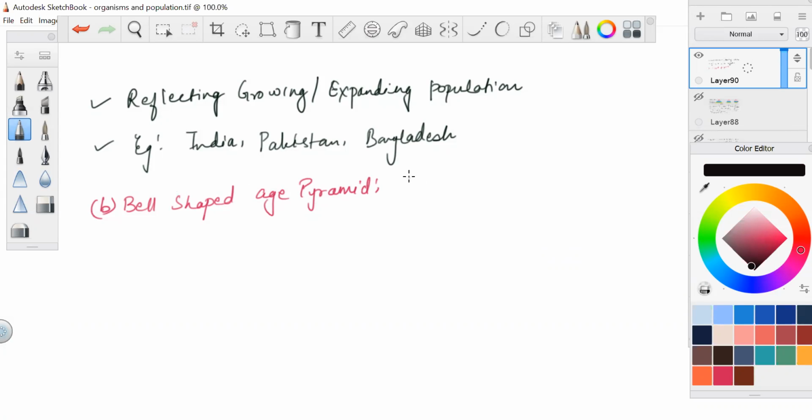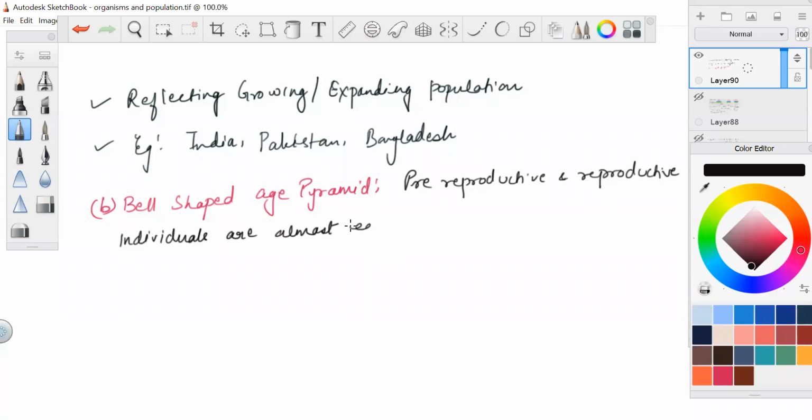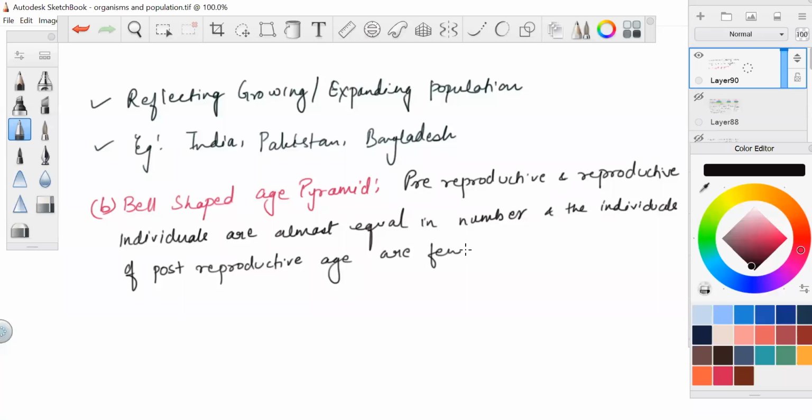Here what you will see is that pre-reproductive and reproductive individuals are almost equal in number, and the individuals of post-reproductive age are fewer. So thus the population is stable.